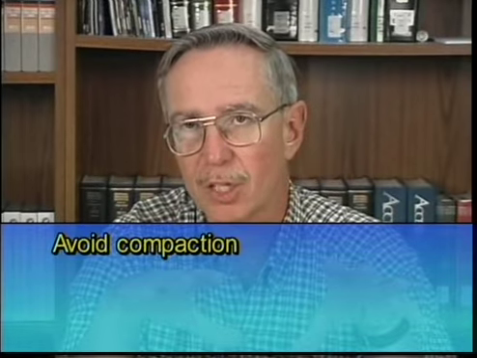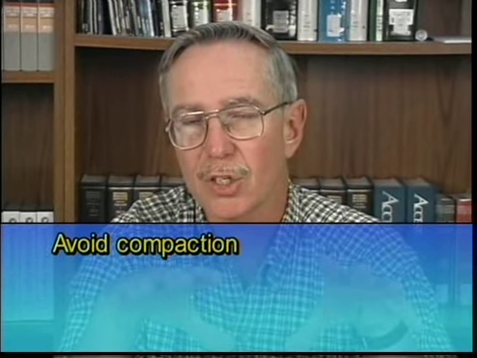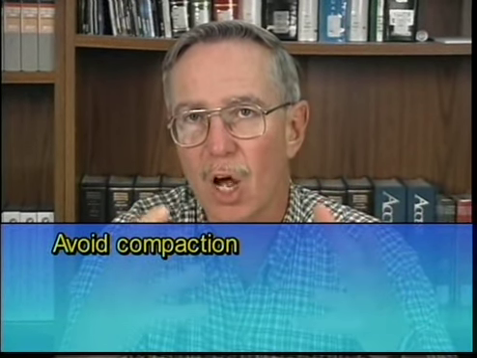Now, what do we do from a standpoint of soil structure? When I say we, I'm talking about us as people who utilize that land: how do we affect soil structure? Well, we have a very great effect upon the structure of a soil, especially in cultivated agricultural settings. What we're trying to do is avoid compaction of the soil, because compaction is actually where we've lost the soil structure.